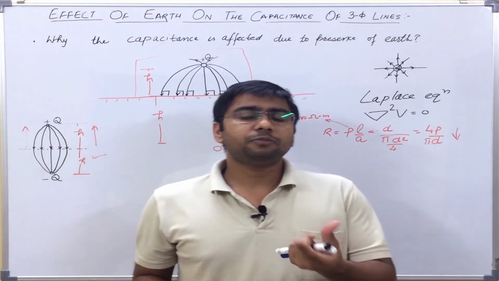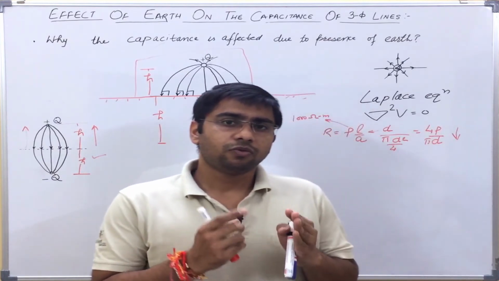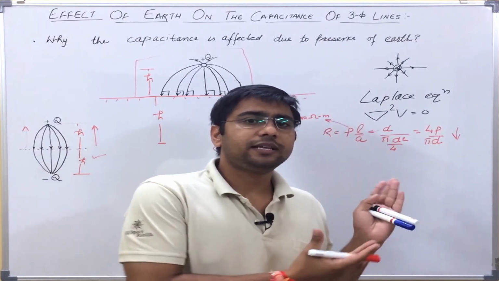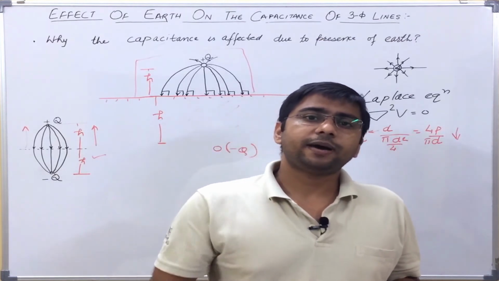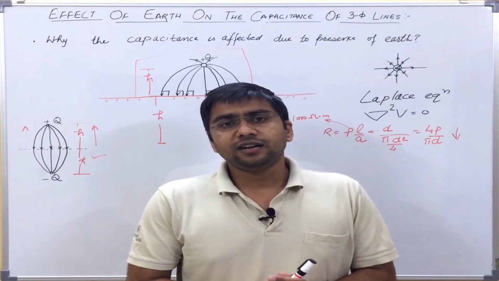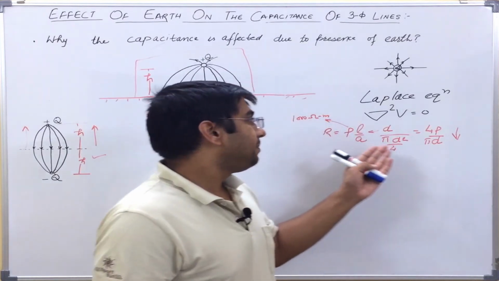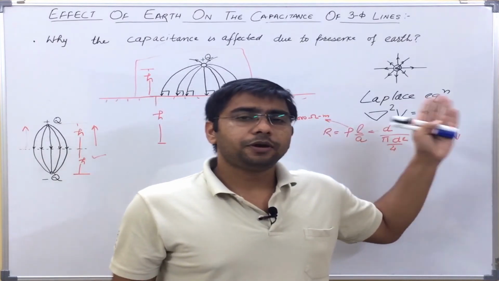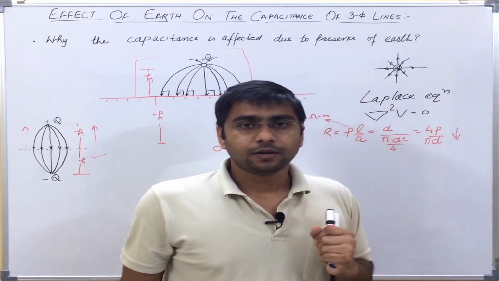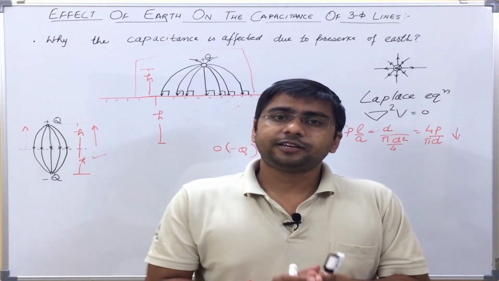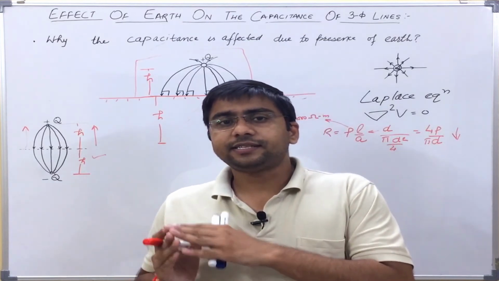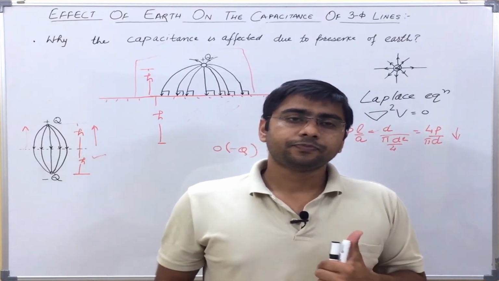There is one more thing: if you want to know more about this image method, it was first given by Lord Kelvin and the details are based on the solution of Laplace and Poisson's equation. In the next video we will study the capacitance of a three-phase line when we consider the effect of earth on it.